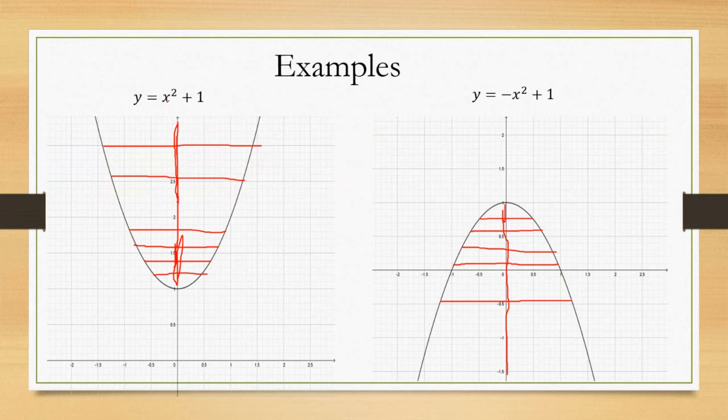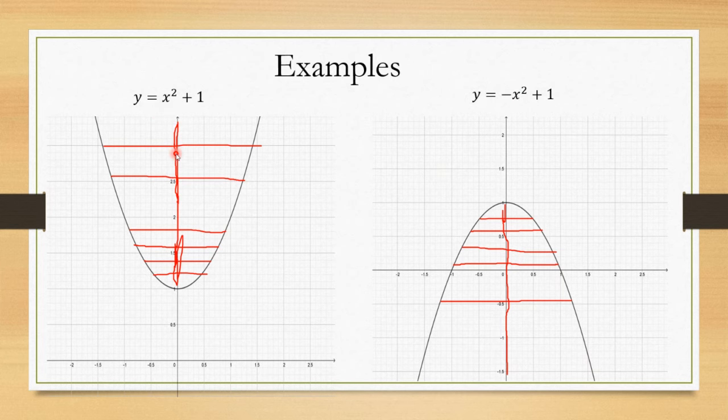Notice here, A is 1. A, remember, is the leading coefficient. When it's not written, it's understood to be 1, so it's positive. This is opening upward. Whereas here, A is negative 1, and the graph is opening downward. That's no accident or coincidence. That's going to happen always.